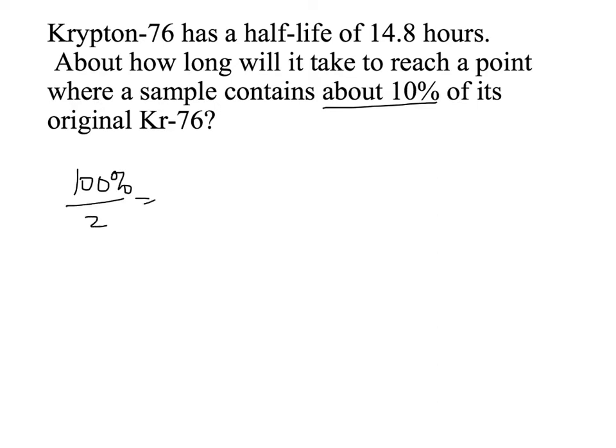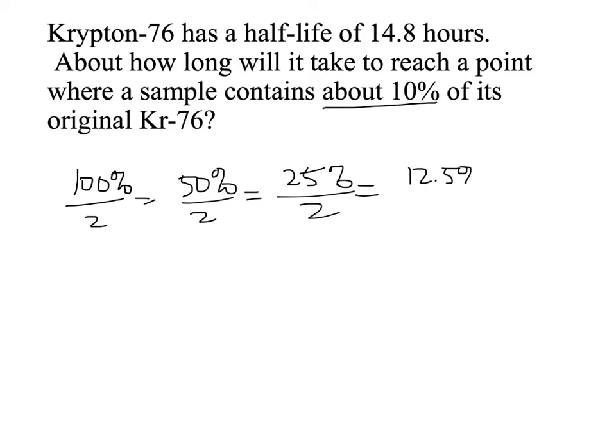So after the first half-life, you'd be left with about 50%. After the second, you would have roughly 25%. After the third, you'd have 12.5. I'm going to go ahead and call this 3 half-lives good, largely because if I go down one more, then I'm down to 6.25%. 12.5 is going to be about as close to 10 as I'm going to get.